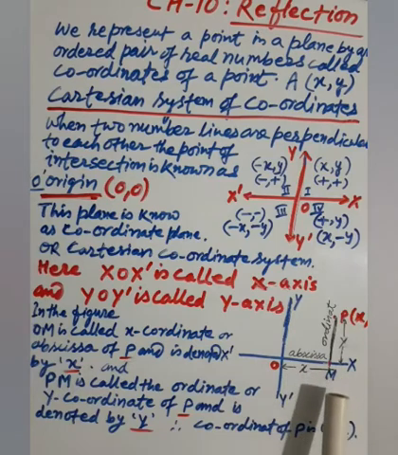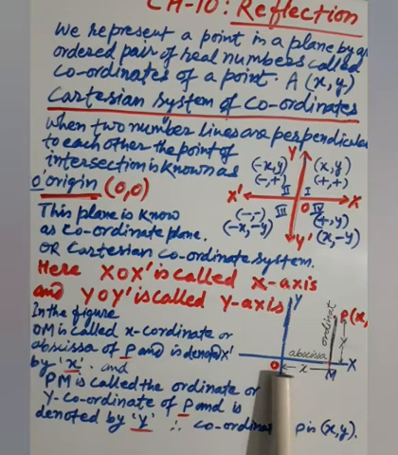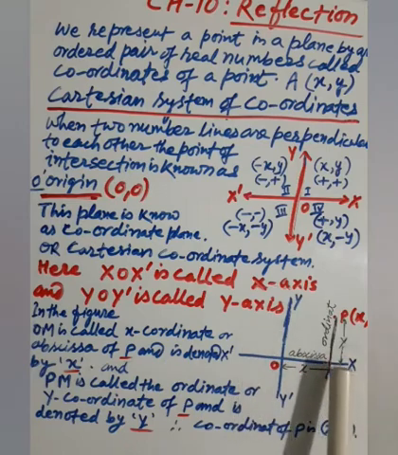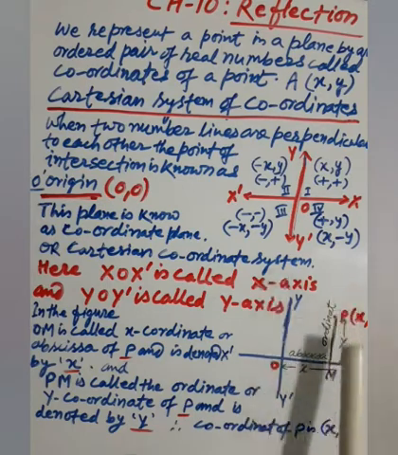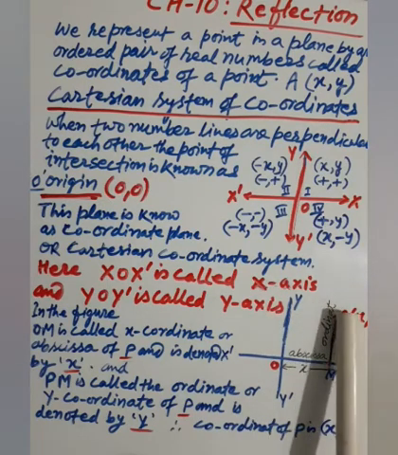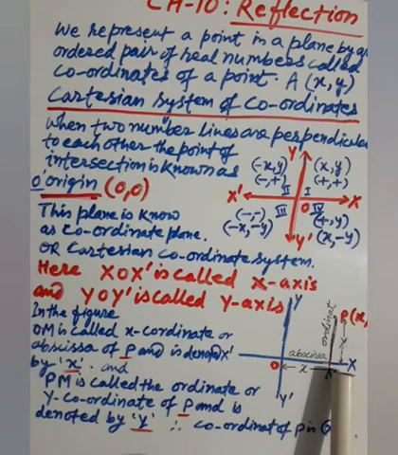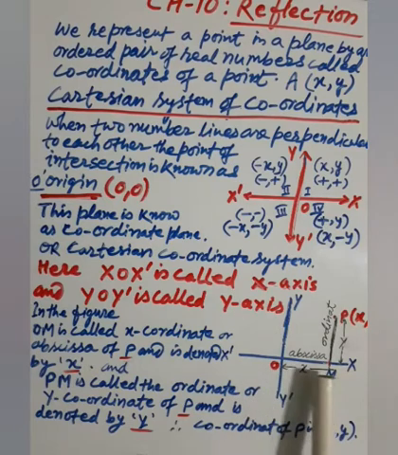What is the distance of M from the y-axis? The distance of M from the y-axis is known as x, and it is also known as the abscissa. Similarly, the distance of point P from the x-axis is known as the ordinate. So the value of MP is y, and the value of OM on the x-axis is x.